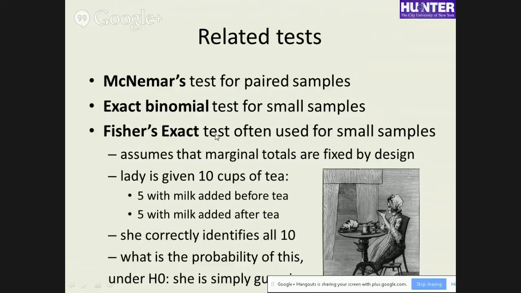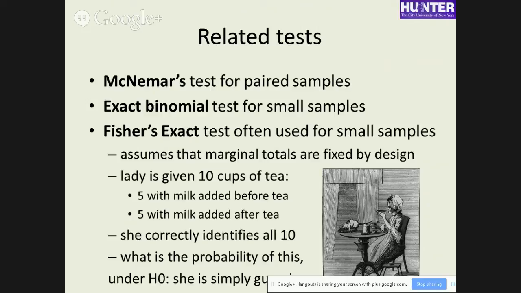It's different because it assumes that the marginal totals in your table are fixed. And the example that was actually the original example that R.A. Fisher used to explain this exact test was a lady given 10 cups of tea. 5 of them have milk added before the tea and 5 have milk added after, and she claims that she can tell based on just the taste what the order was.